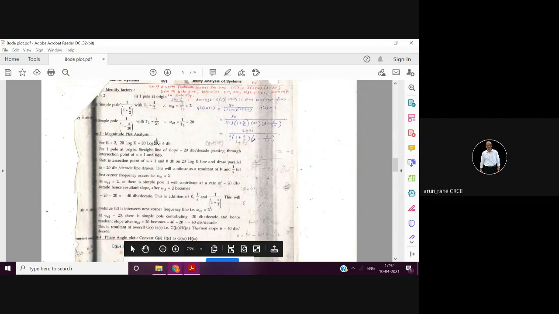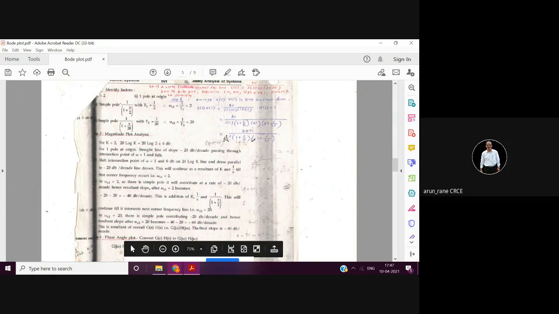Good. Okay, so the first changeover, how do you get the changeover? So first is 2. So here this will be 20 log of 2. Then you will have first changeover at omega is equal to 1 upon T. So 1 upon T means 1 upon, what is the value of T? Half. 1 upon 1 upon 2, that will be 2.